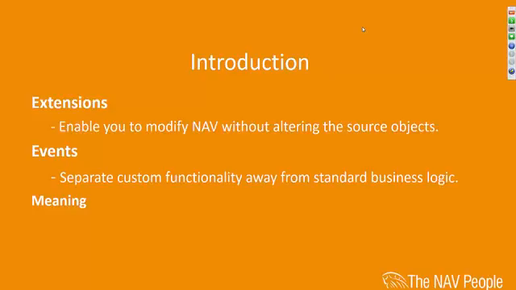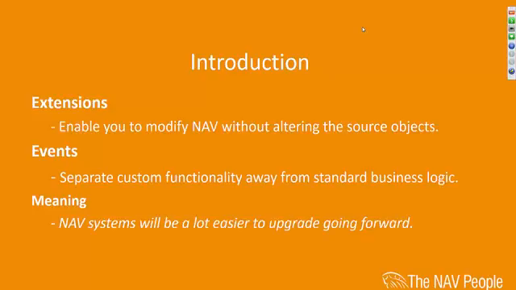So where Microsoft have code in, for example, tables and codeunits and stuff like that, we can separate code that we would have written in that codeunit or table and do it elsewhere, hence saving a modification to an object. Meaning that overall, going forward in the future, the plan is that NAV systems will be a lot easier to upgrade and maintain. One of the main reasons why it will be easier to upgrade is the fact that there won't be these huge modifications to these standard objects.